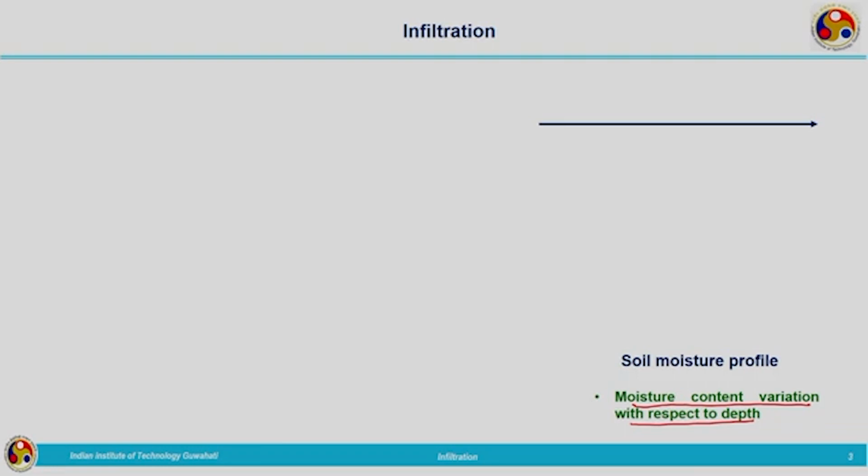The minimum value of moisture content will be 0 and it can go up to a maximum value of theta equal to eta. That is, the maximum value of moisture content can be equal to porosity. Along the z direction we mark the depth of the soil strata, which represents the depth beneath the ground surface.